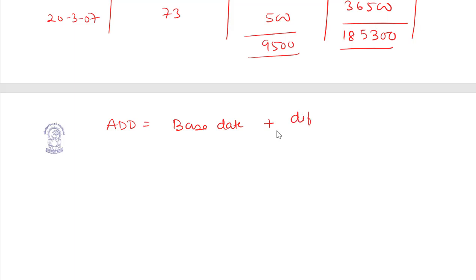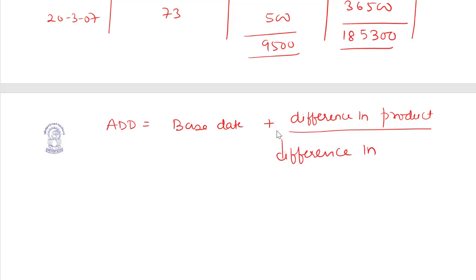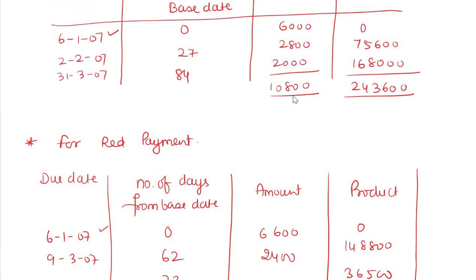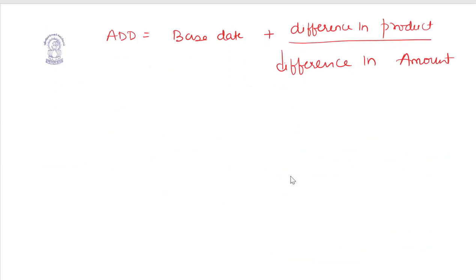There are two parties, we need to take difference in product in relation to difference in amount. First we will take differences in amount. 10,800 minus 9,500.